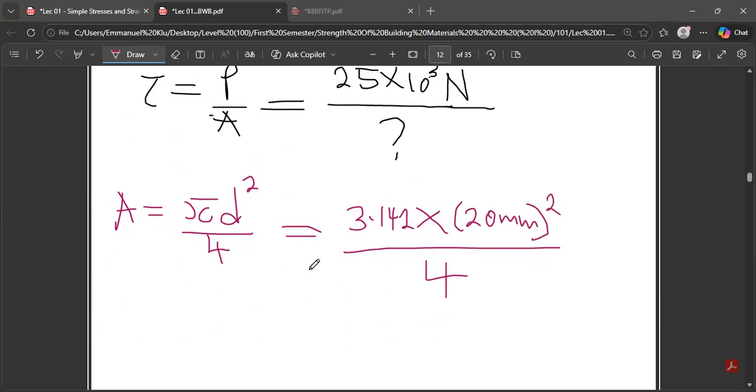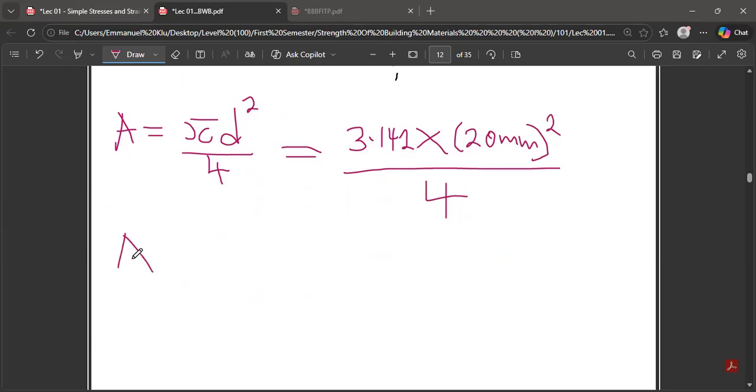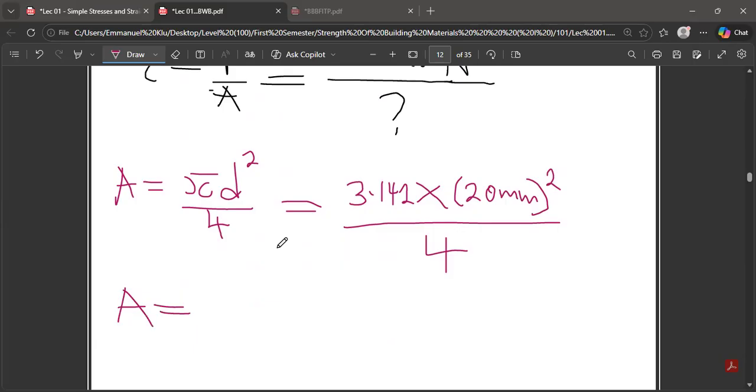Someone should quickly point this for me. Let's get the area so that we can accelerate. Let's quickly do this together. 3.142 times 20 squared, all over 4.